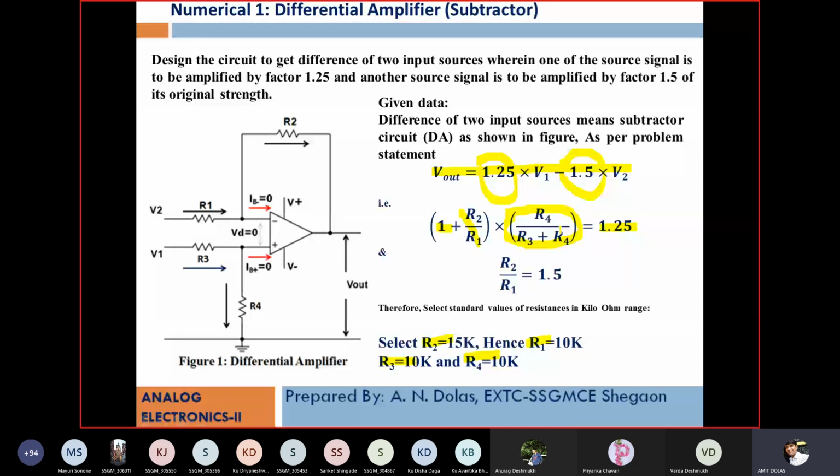First, it is very easy to calculate R2 by R1. So first calculate R2 by R1, so that you can get this ratio 1 plus R2 by R1. Later on it is easy to calculate R3 R4. So note it down.